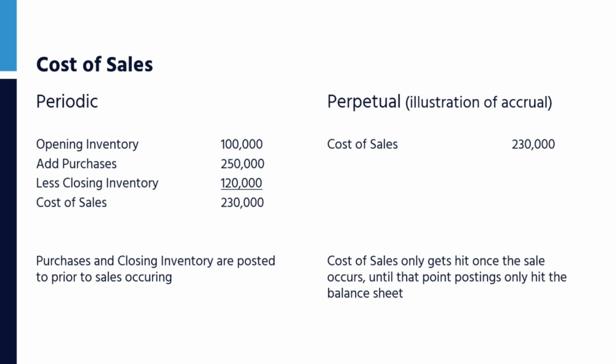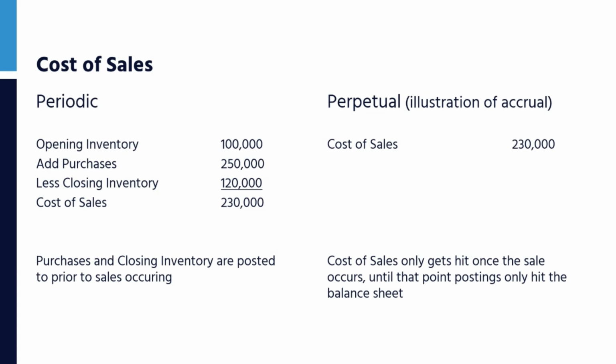This is just a very high level of the difference. Again, we're not giving accounting advice. This is just an example. There are different ways to skin the cat in terms of periodic inventory as well, but this is just one example where typically, at a profit and loss level, you have your opening inventory, add your purchases, less your closing inventory equals your cost of sales.